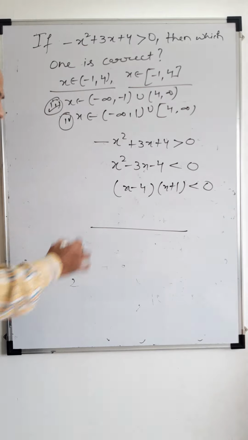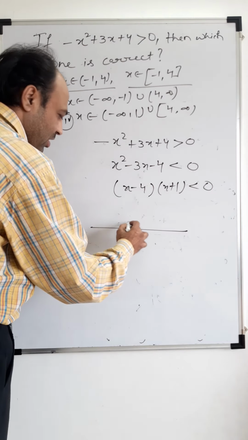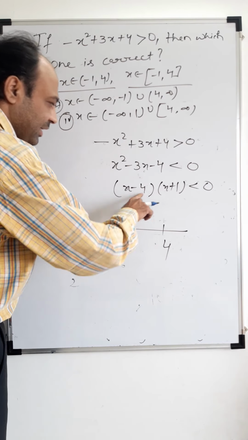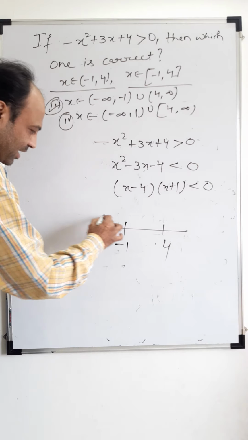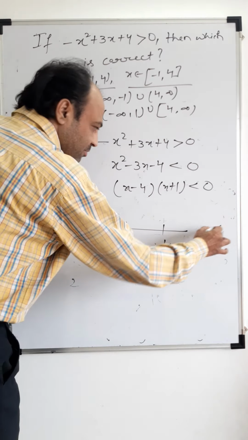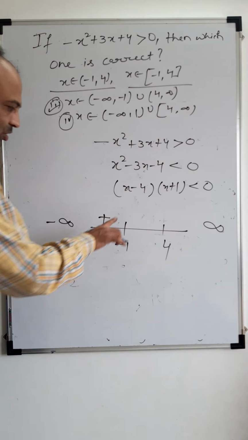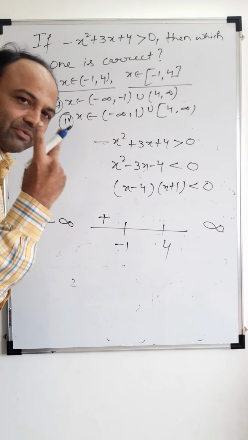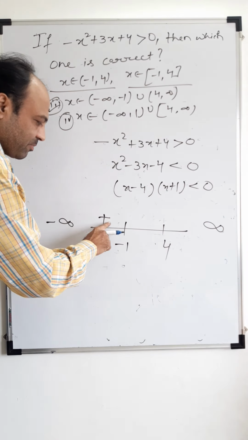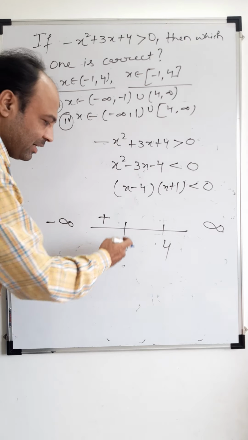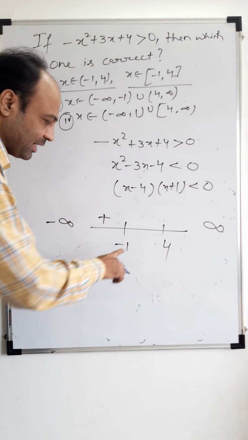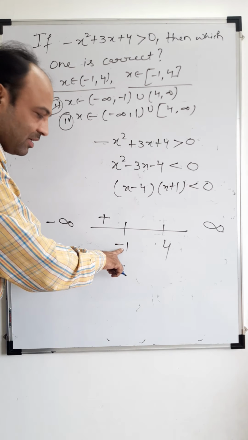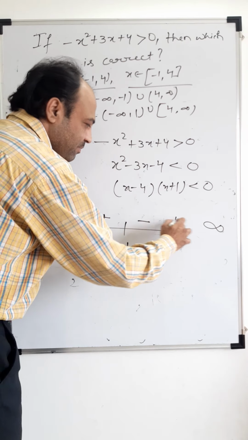Now we'll go to the number system. What are the roots? Minus 1 and 4, even factor. So we'll start with plus, minus infinity here, plus infinity here. We have 2 factors, which is even, so we'll start with plus, from the extreme right of the last root. So minus 1, so plus, minus, plus.